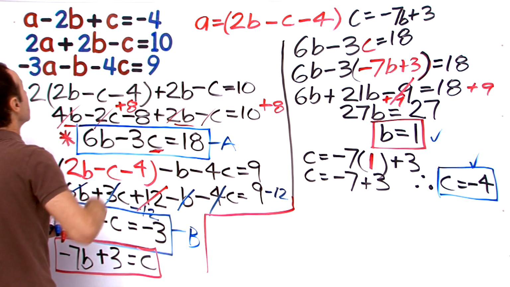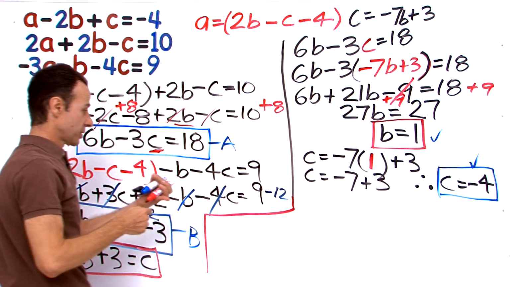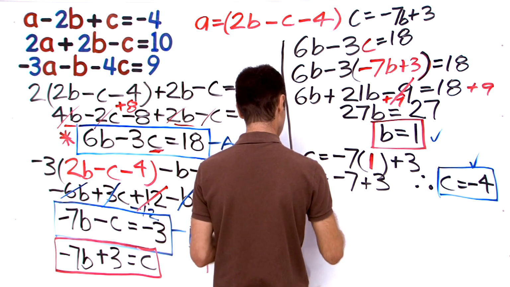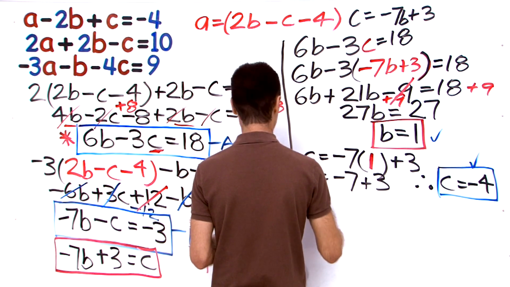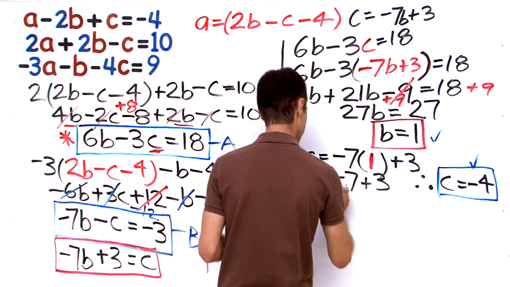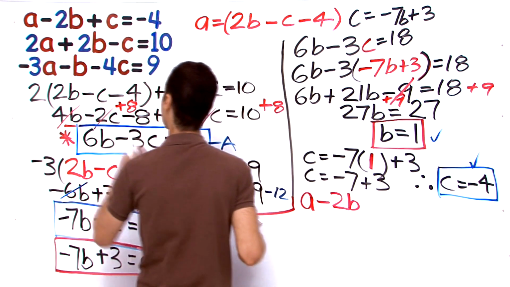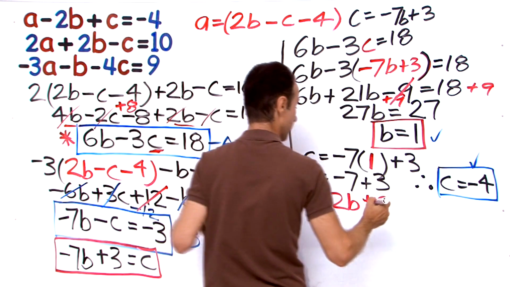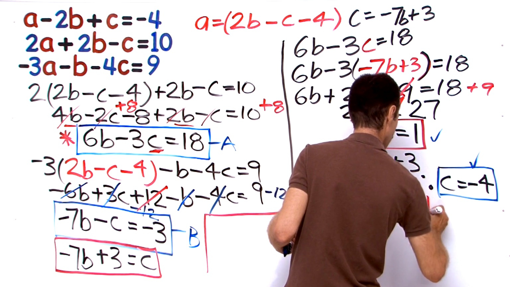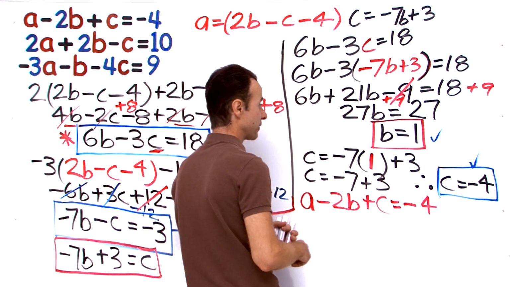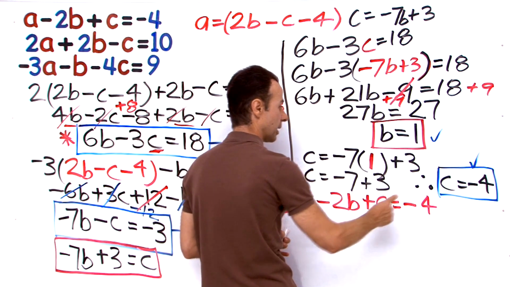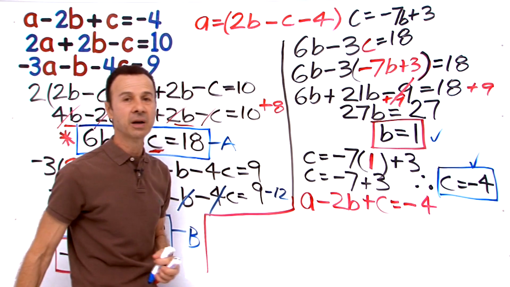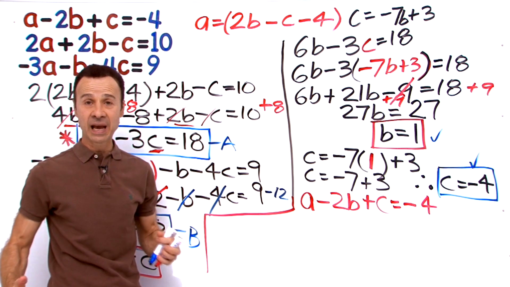Okay. Now we've got a minus 2b. So a minus 2b plus c equals negative 4. Okay, all we have to do is put the b equals 1 right there and the c equals minus 4 right there, so we can solve and find the third unknown, which is a, the last variable.